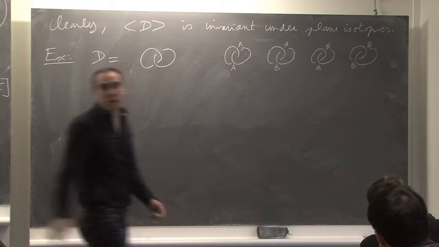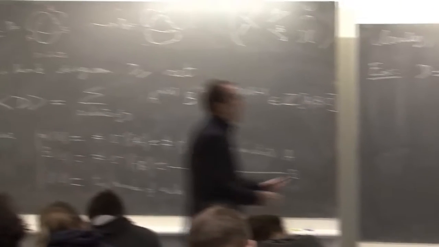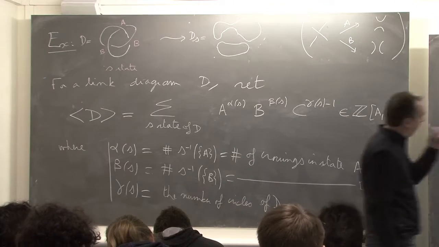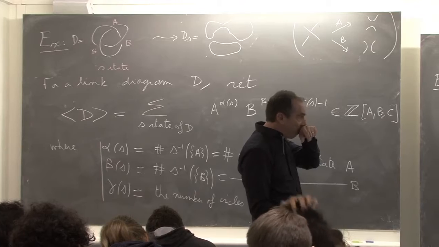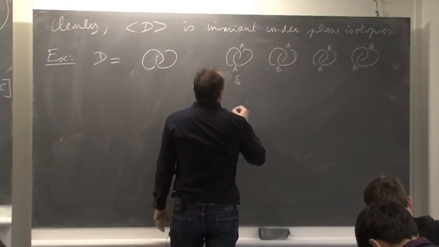Okay, these are the 4 states. Now, we compute the system of circles for each state.